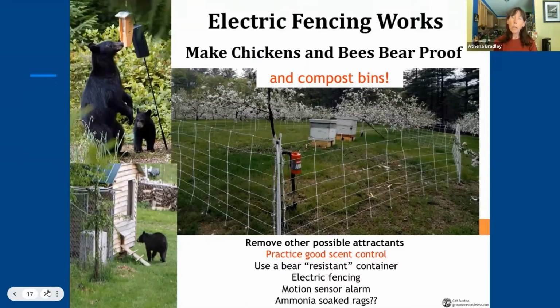Similarly with mosquitoes, if you have leachate coming out of your pile or in the ruts, if you've got a tractor that you're using or even a wheelbarrow, make sure you fill those ruts up so that there's not standing water, and limit any moisture coming off of your pile. By turning the pile, make sure that the water is dispersed within your pile.